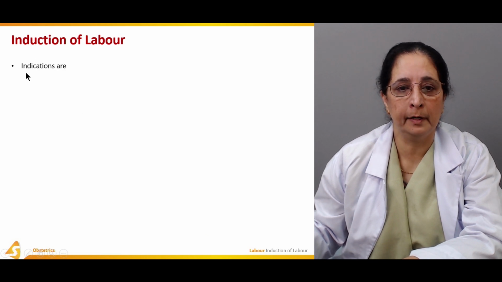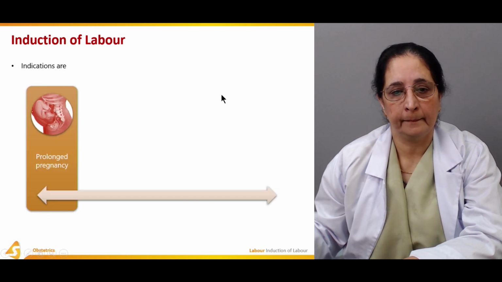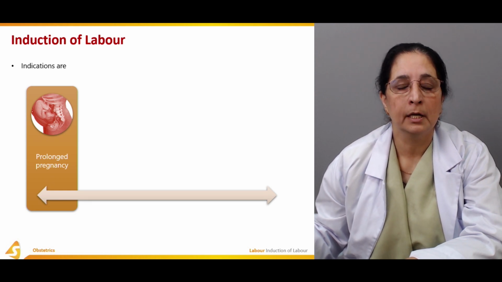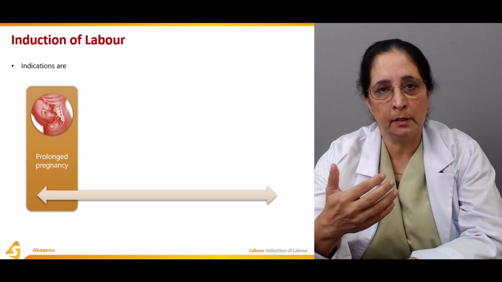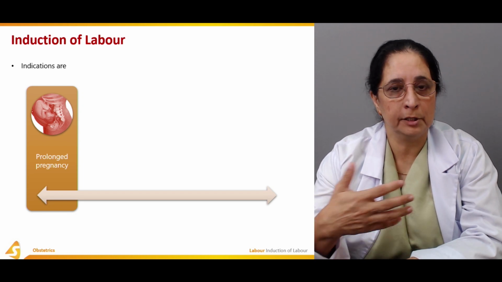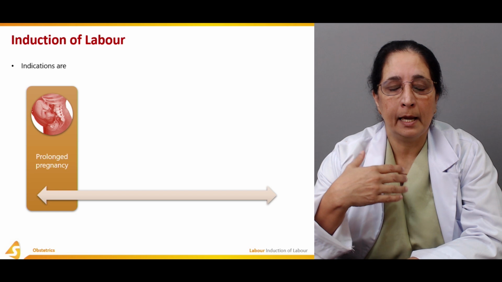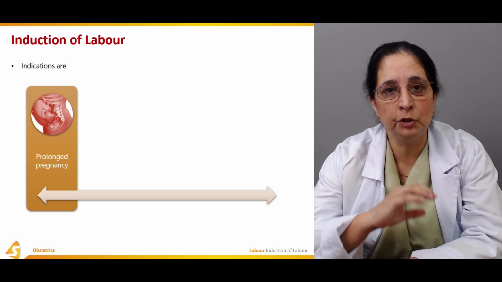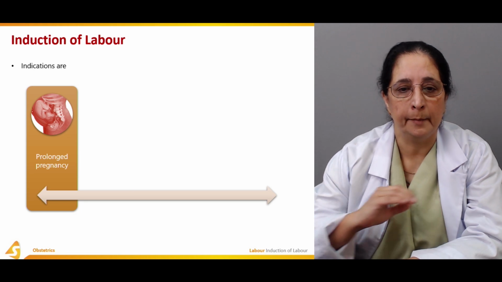Induction of labor indications include prolonged pregnancy. If pregnancy is prolonged, after 41 or 42 weeks, and the normal process of labor is not beginning, then we should do induction of labor.